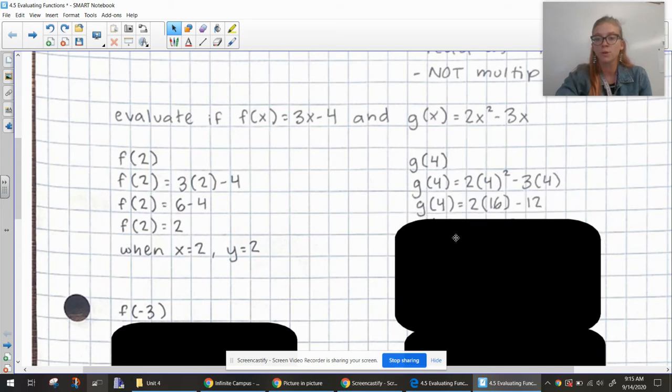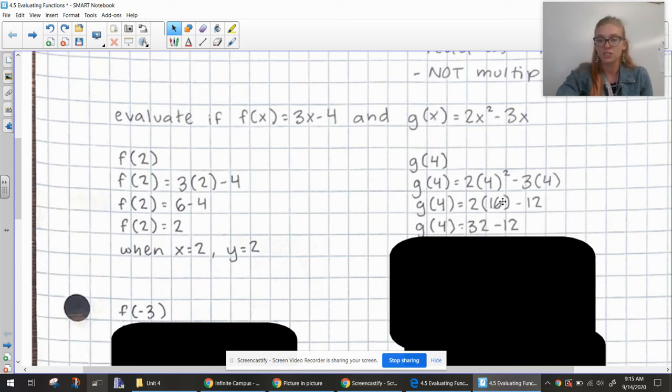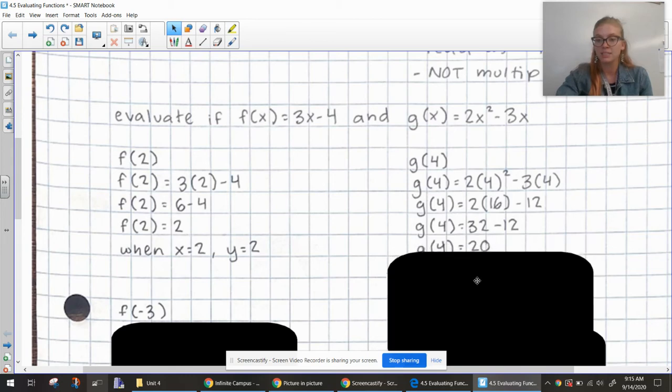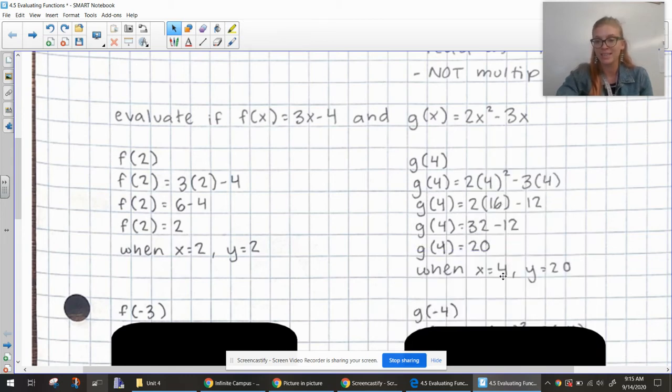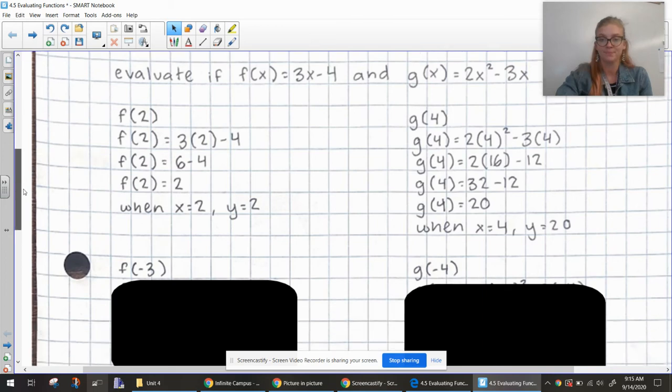So we're going to start with 4 squared. So 4 squared is 16. I went ahead and did 3 times 4, which is 12. 2 times 16 is 32. Minus 12 is 20. So in human speak, this means when x equals 4, when I input 4, y equals 20. I output 20.